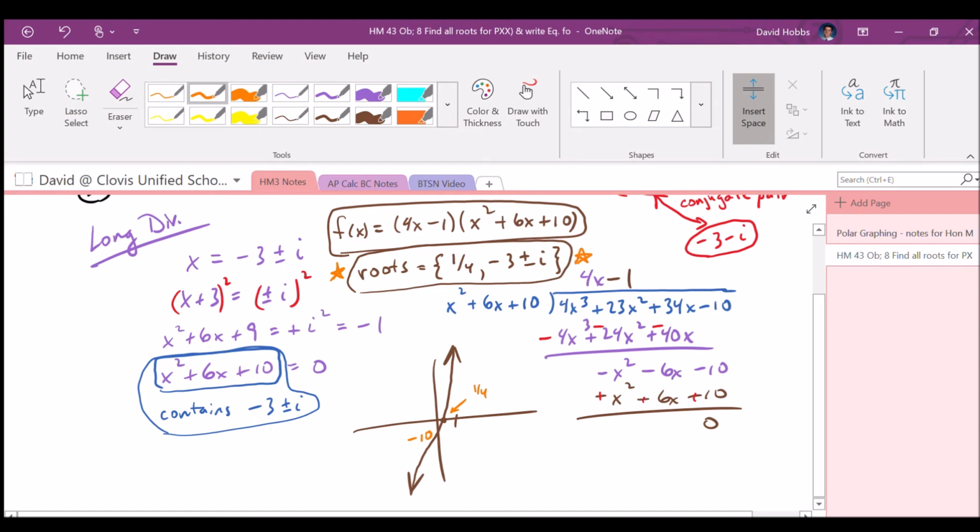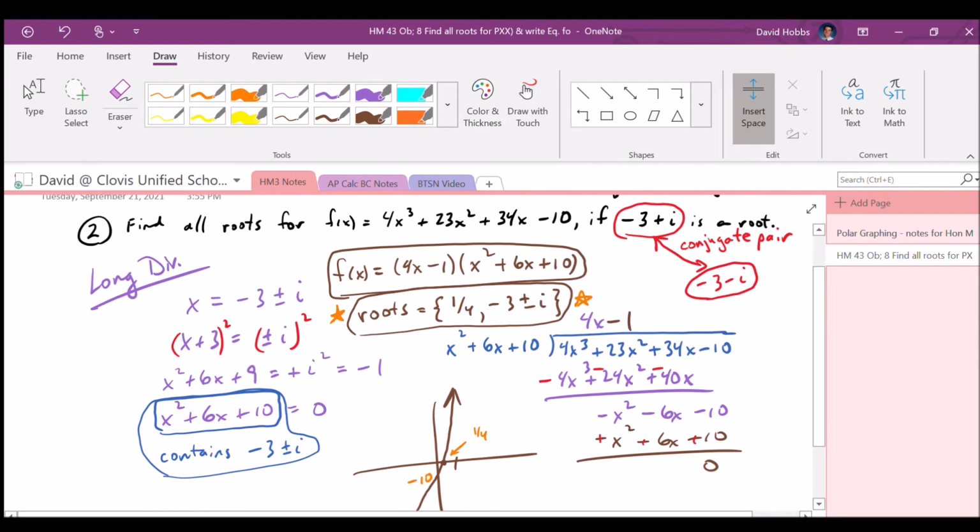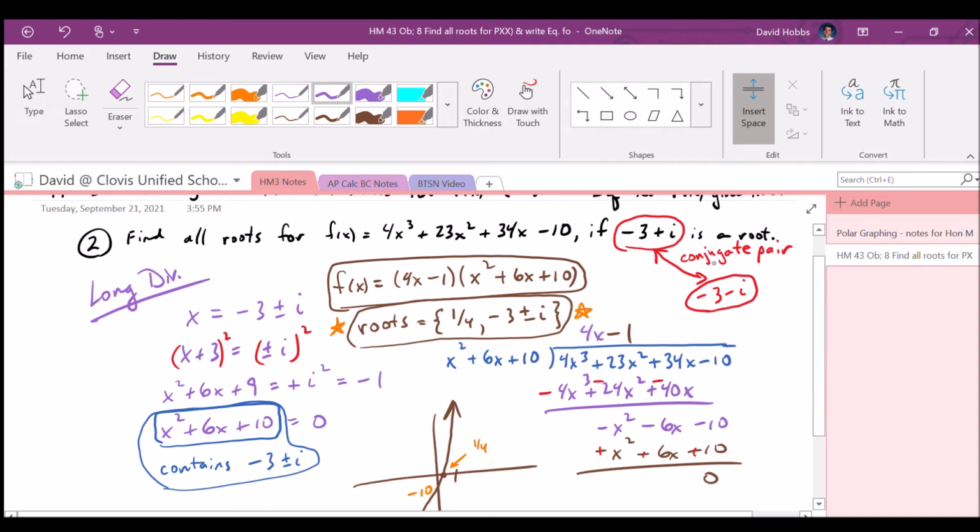Okay, now, another way to do it besides long division is to do it synthetically. Okay, and so I'm going to show you how to do it synthetically right now too. Now, when we do it by synthetic division, the first time through is going to be kind of messy, and it doesn't really matter which one of the conjugate pair that you choose.